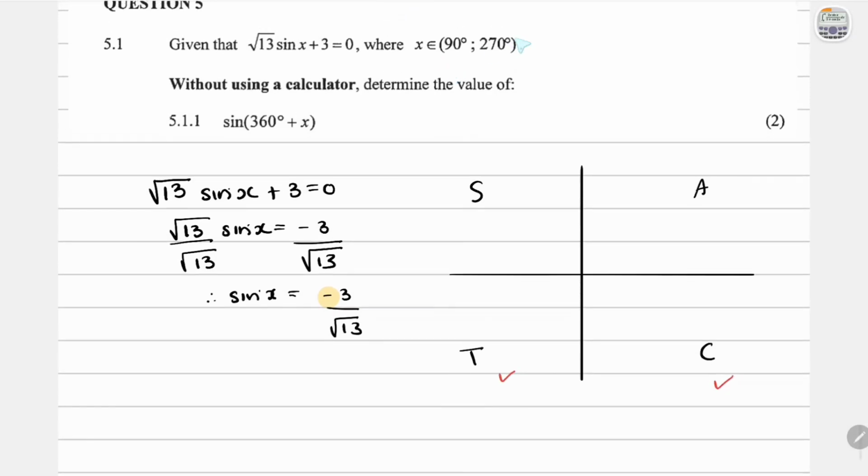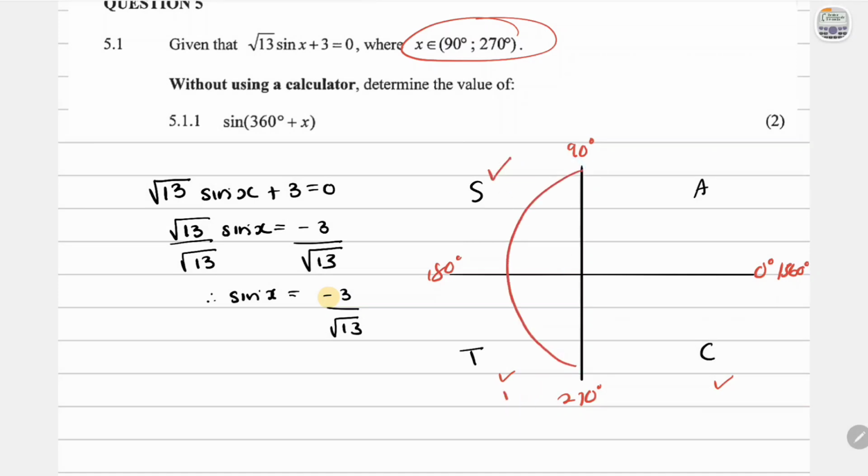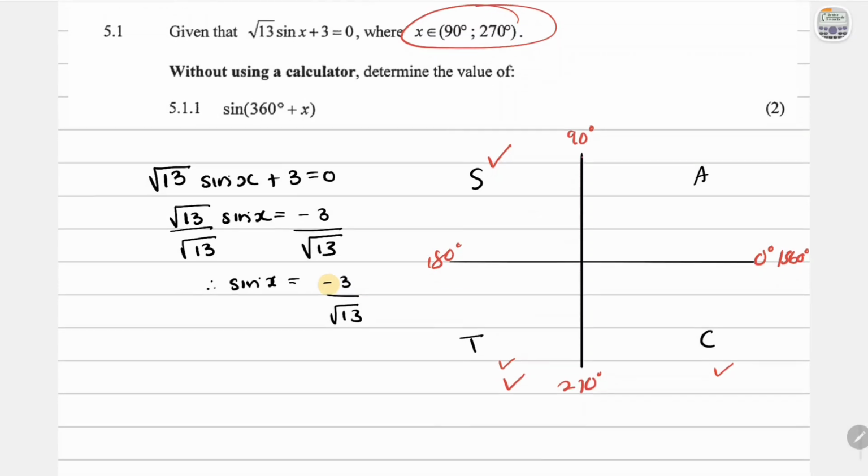But x goes from 90 degrees to 270 degrees. When you mark your angles, it starts at 0, 90, 180, 270, and then 360. Marking the quadrants from 90 to 270 covers the second and the third quadrant. You pick the quadrant with the most ticks, which is the third quadrant. So our terminal arm lies in the third quadrant.